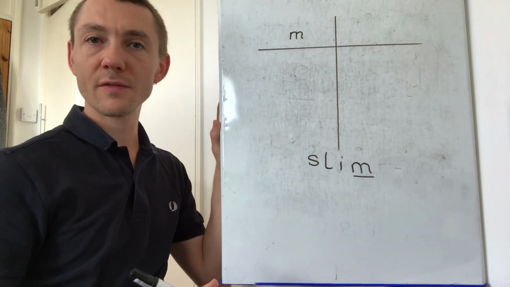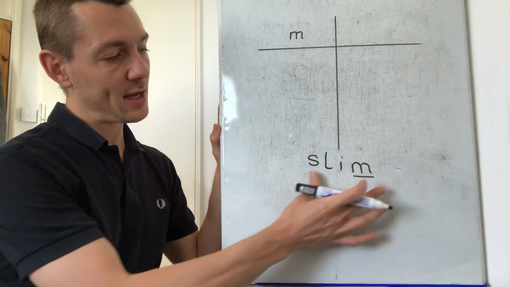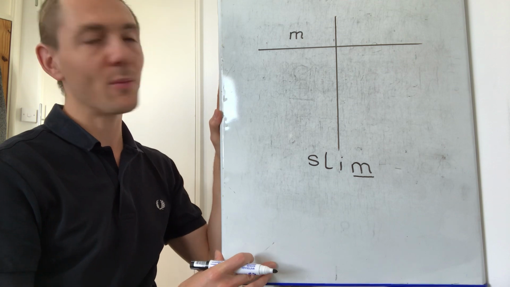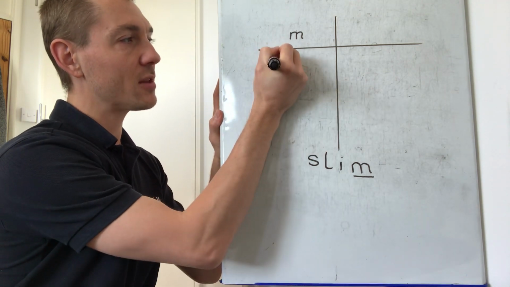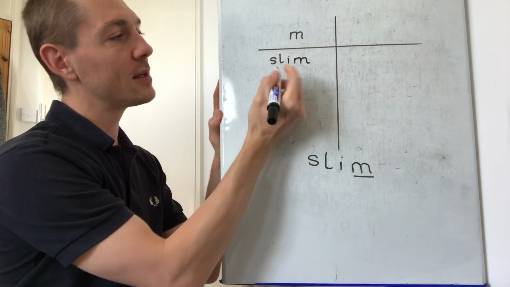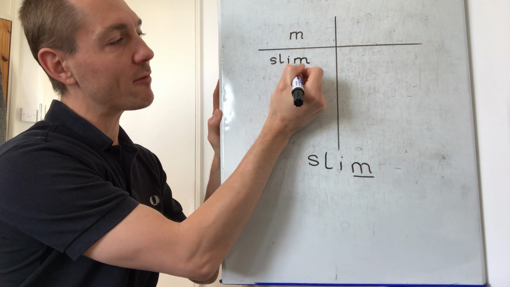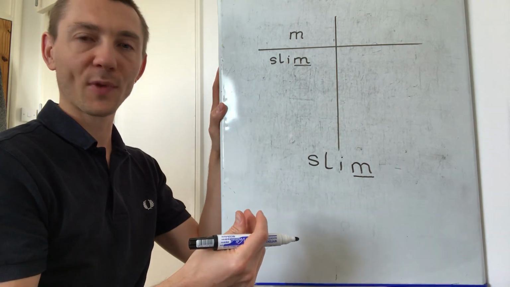Now remember, pause if you need to, any time, to give yourself more time to get your table ready and to get that first one done, and then we'll move on, okay? And I'm just going to write the sounds as I write the word. Slim. And remember to say the sounds to read the word again and check, okay?